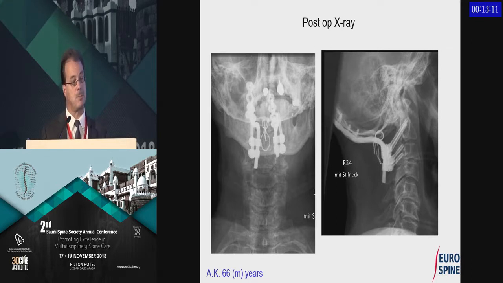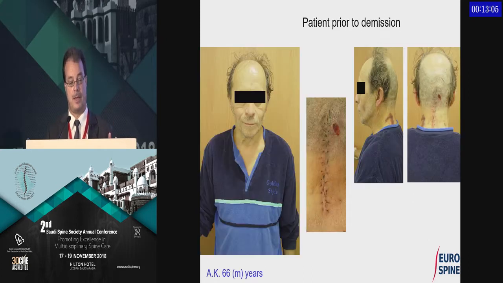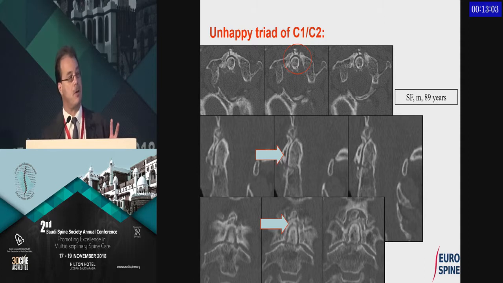But then there are specific fracture patterns that deserve a closer look, and we find them especially in octogenarians. If you look at this patient here, this is an 89-year-old male patient with a seemingly pretty easy forward-going odontoid fracture.